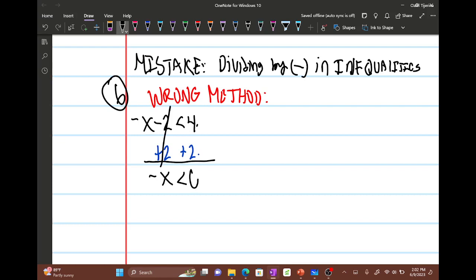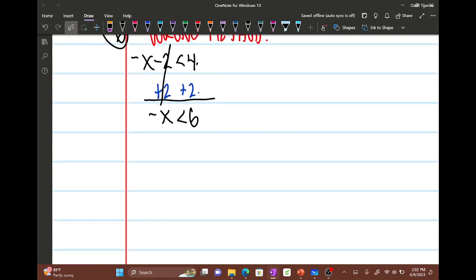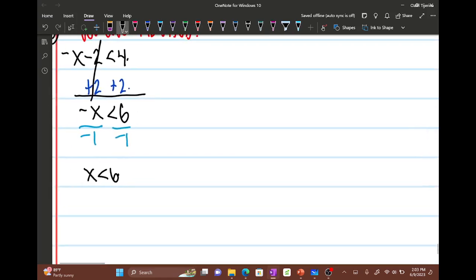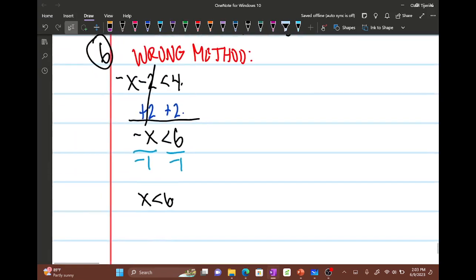But when they divide by a negative number here, they always forget to switch the inequality. They always end up saying x less than 6, but then this is not correct, right?